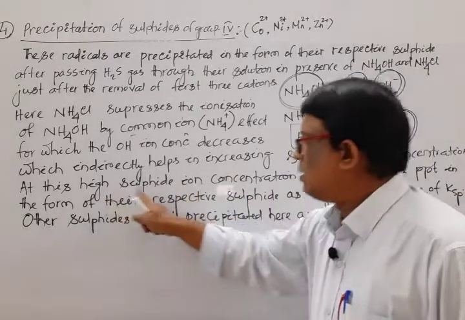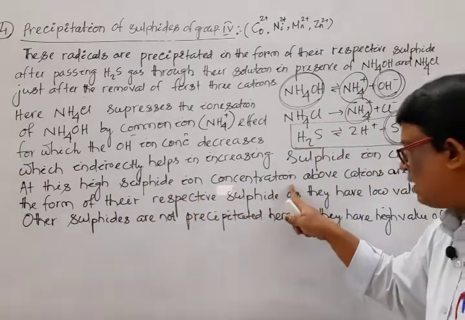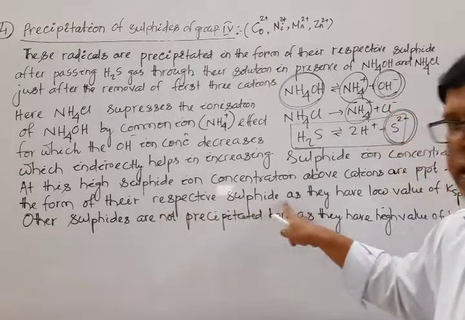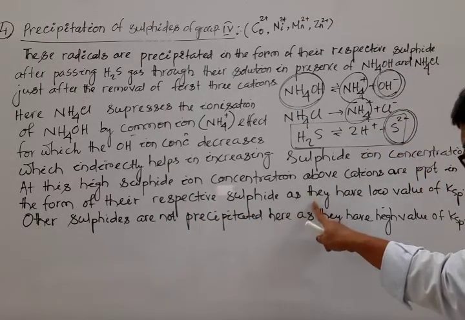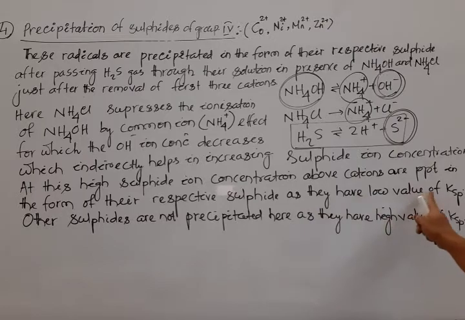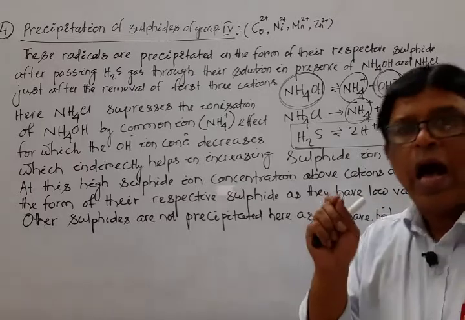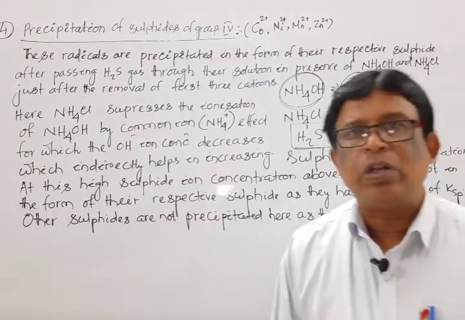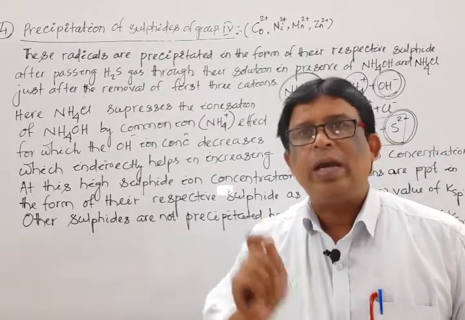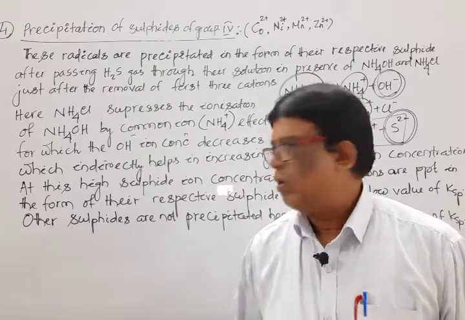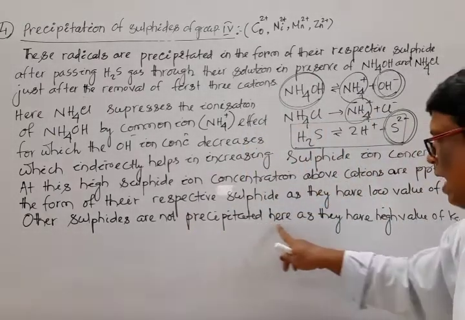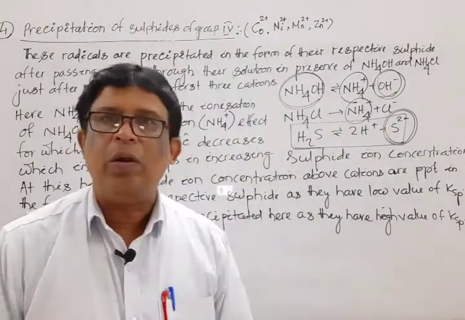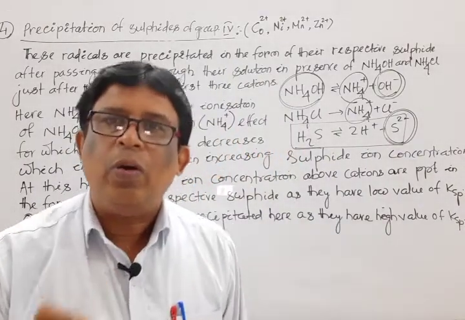So at this high sulfide ion concentration, the above cations are precipitated in the form of their respective sulfides because they have a low value of solubility product or a high value of ionic product. We know the condition for precipitation, that is, the ionic product exceeds its solubility product. Mark that.